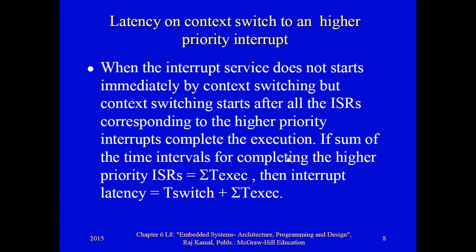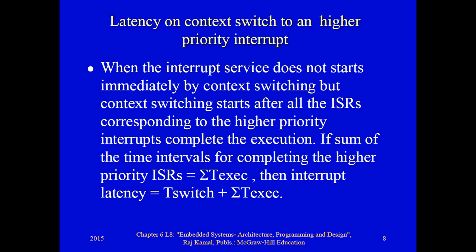Okay. So the next case is the latency on context switch to a higher priority interrupt. That means whenever a higher priority interrupt occurs, let's check how it will affect the latency. So the interrupt service does not start immediately by context switching, but context switching starts after all the ISRs corresponding to the higher priority interrupts complete their execution.